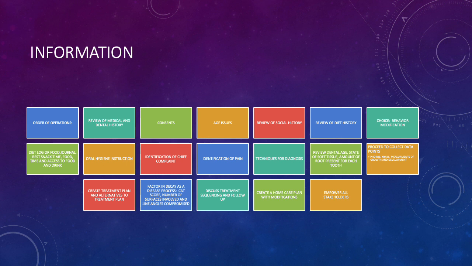We need to have a review of social history. When I say this, what I'm interested in is a snapshot of where they live, where they work, who shares their home, who is involved in their personal care, so that I have a better picture of how to create a plan.